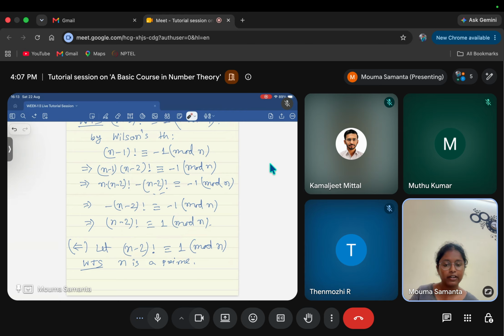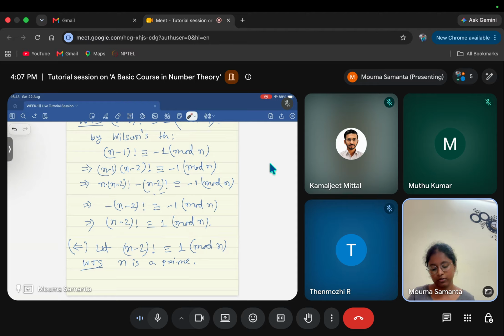So in this kind of question, we use the method of contradiction. Method of contradiction means, first assume that n is not a prime, then we can see whether we get some contradiction to this given fact.